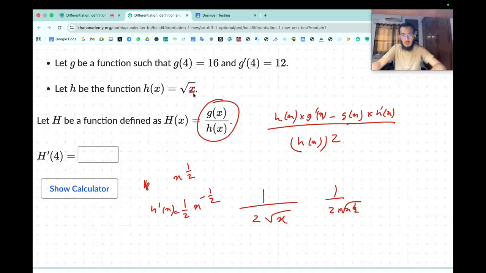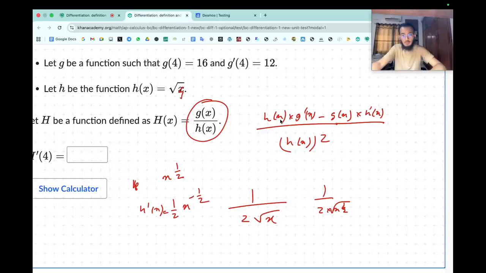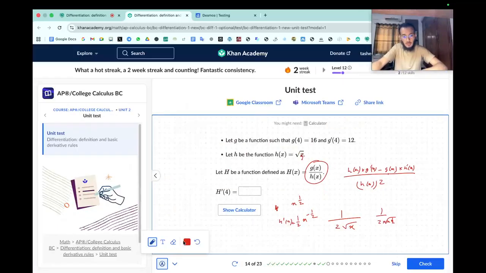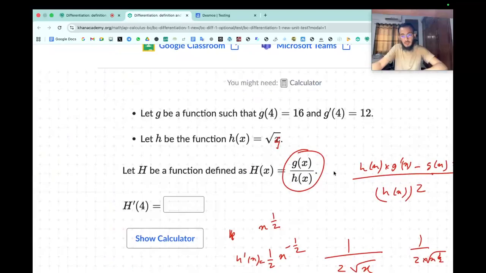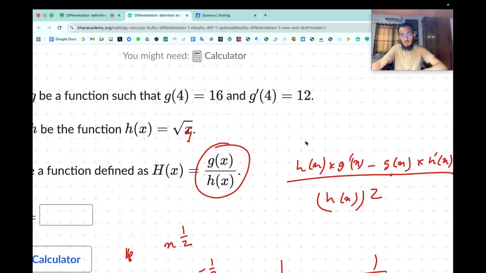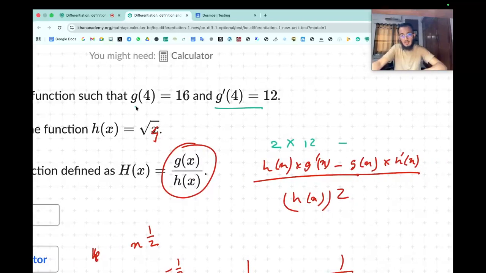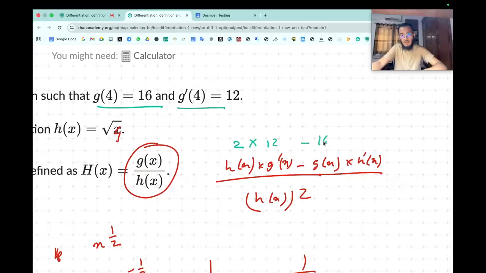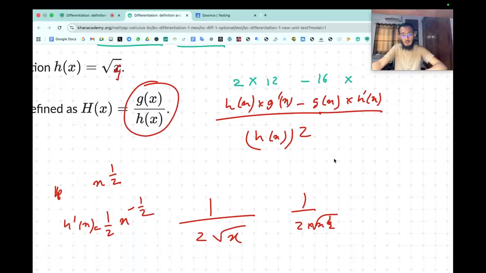We can plug in h(4), so it's 2. So if we plug in 4 here, it's 2. g'(4) we have 12, minus g(4) which is 16 times h'(4).